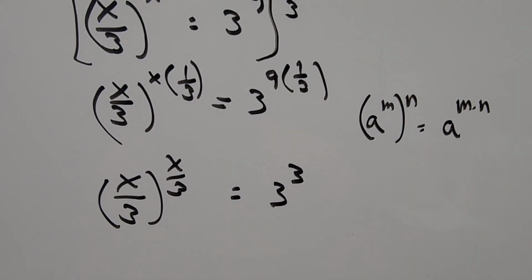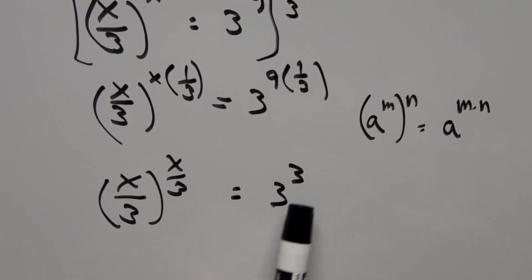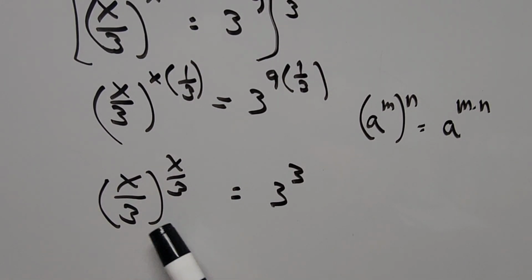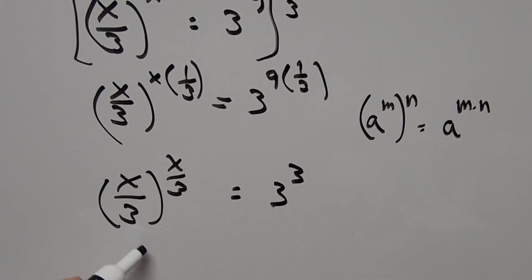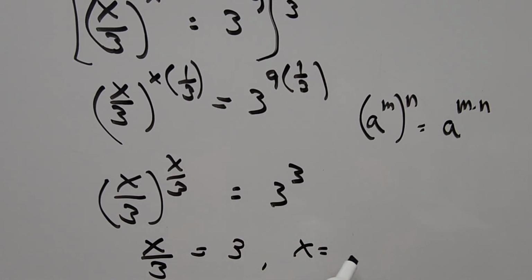So then, what do you see? The base and the exponent are the same. Likewise, on the right-hand side, this implies that the base here is equal to the base of the right-hand side, as well as the exponent here equals the exponent on the right-hand side. So then we have x over 3 equals 3. Then x is equal to 3 times 3, which is 9, as the value of x.